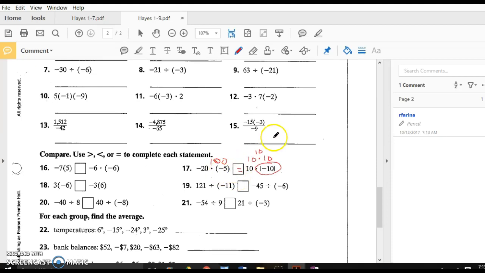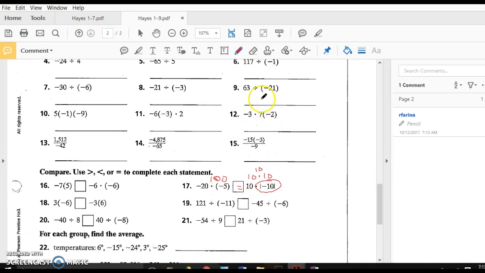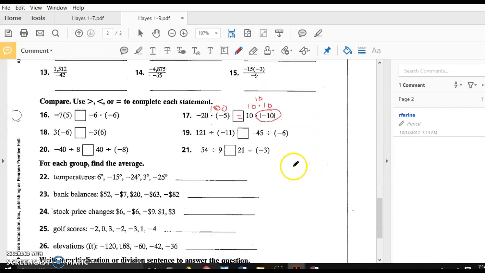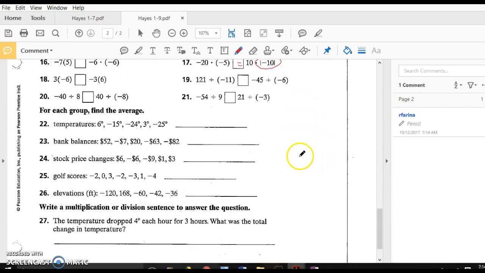Up above at number 9, you had 63 divided by -21 is +3. But you have to remember a positive divided by a negative is going to be a -3. And then I think you just had on number 22 an arithmetic mistake.